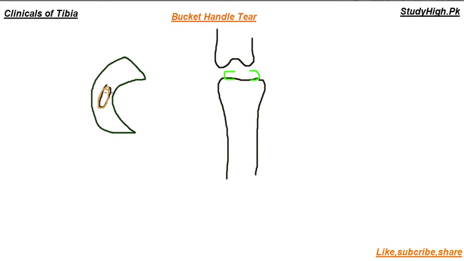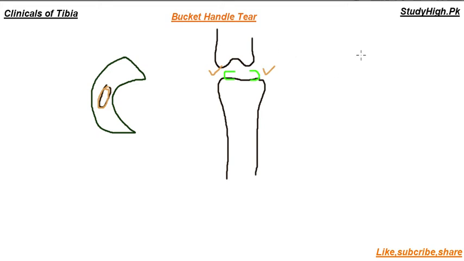First of all, I want to tell you that a bucket handle tear is possible in both the lateral and medial meniscus, but it is most common in the medial meniscus. That's why we sometimes call it a bucket handle tear of the medial meniscus. Why is it more common in the medial meniscus?